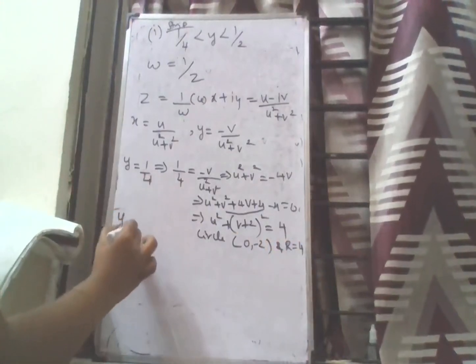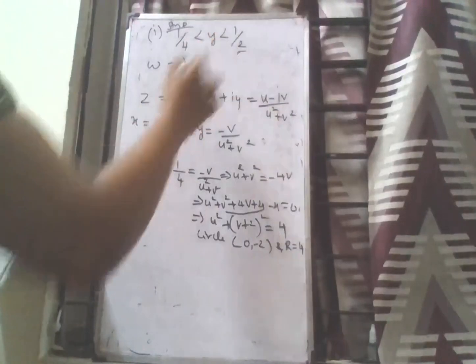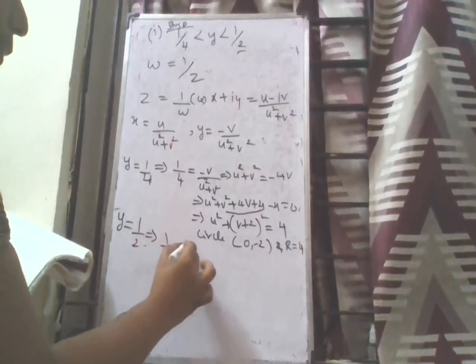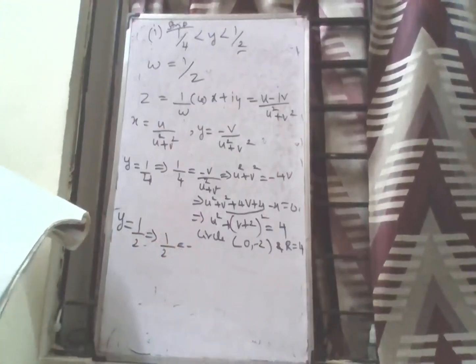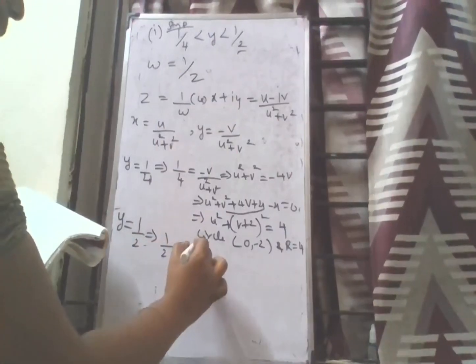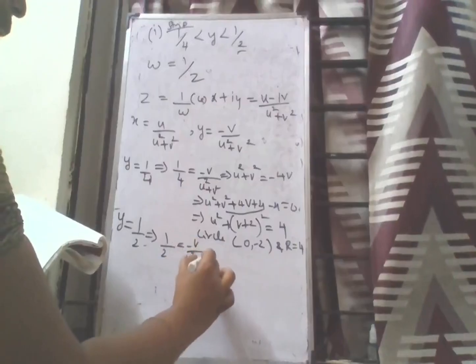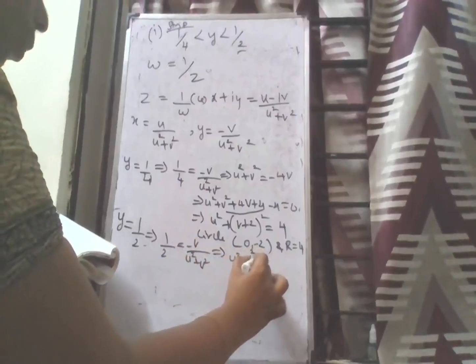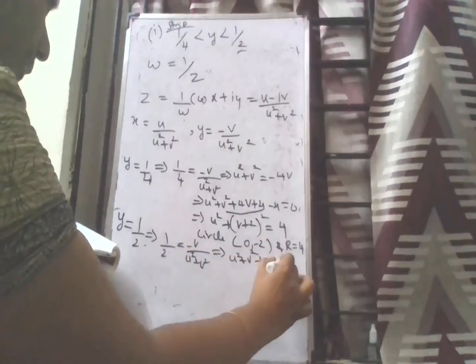Similarly, what is the other point they have given? 1 by 2. When y equal to 1 by 2, same concept: 1 by 2 is equal to minus v by u square plus v square, which implies u square plus v square plus 2v equal to 0.